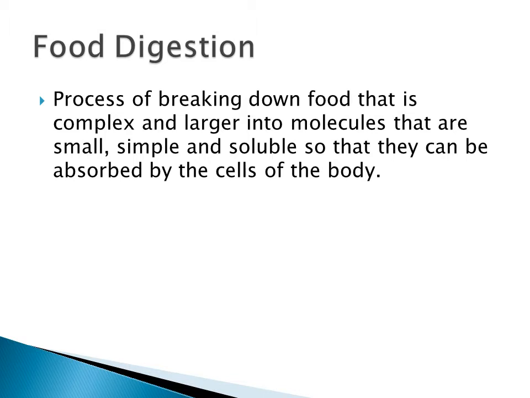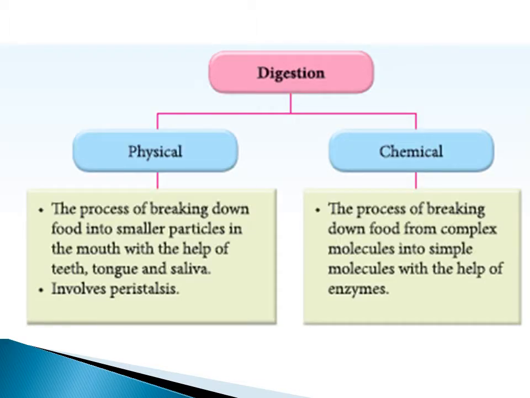Digestion can be divided into physical as well as chemical. Physical digestion occurs in two areas, mainly the mouth, where your mouth will break down food into smaller pieces with the help of teeth, tongue and saliva. The second place where physical digestion occurs is in the esophagus as well as in the large intestine, where a process which we call peristalsis occurs.